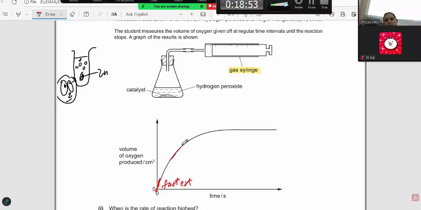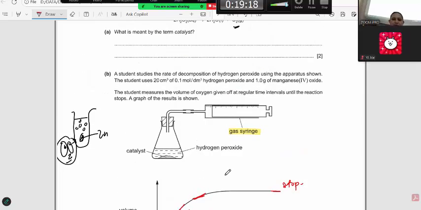Then as time goes on, it becomes slower. Can you see it? And then slower. Finally, when it's flat, it means the reaction has stopped. Can you understand? So this is what this graph means. You will always get this kind of shape in rate of reaction.